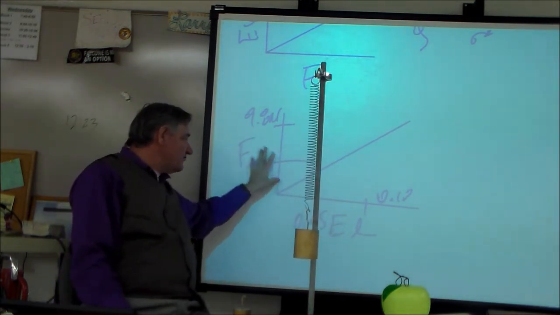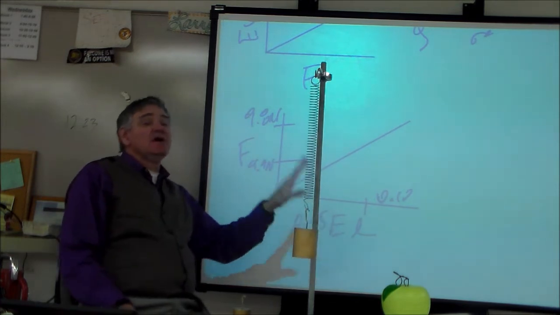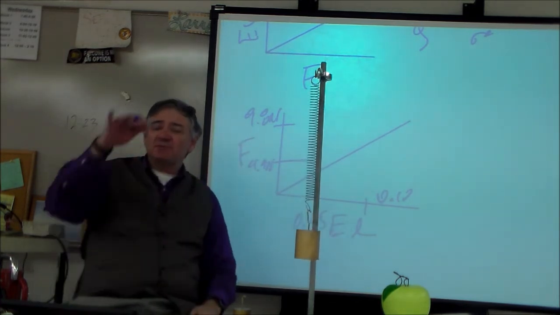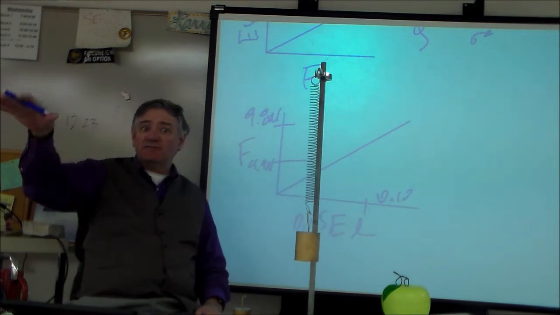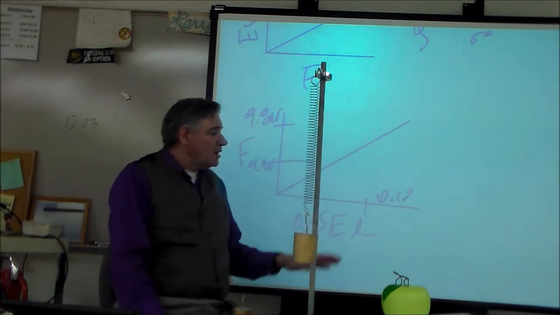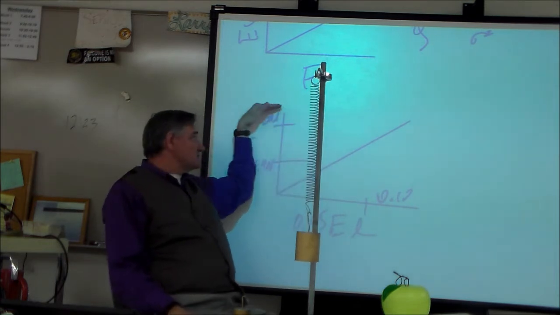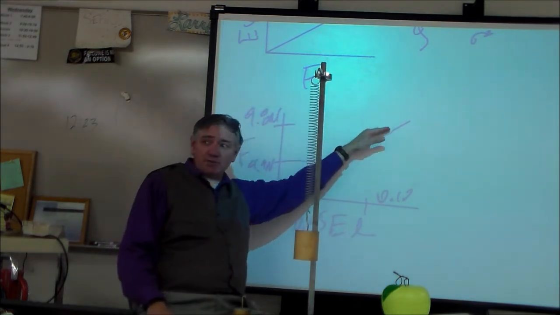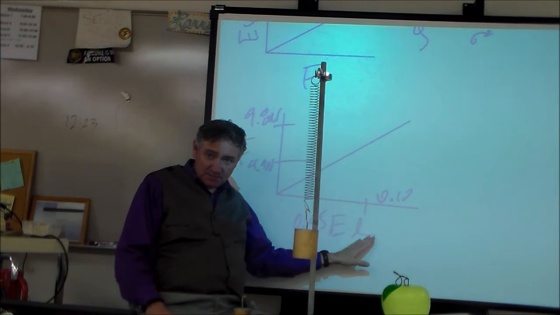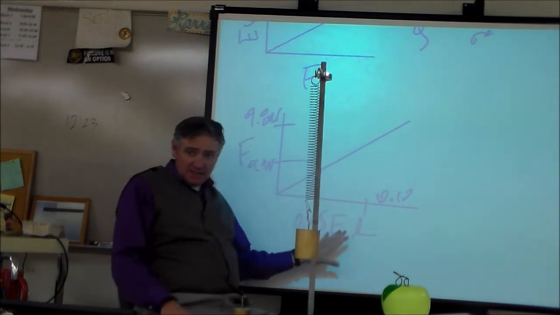So this is a force distance graph, but here's what's going to be different from the force distance graphs you all have done so far. Those have been rectangles, because we exerted the same amount of force over the same distance. With springs, it isn't.